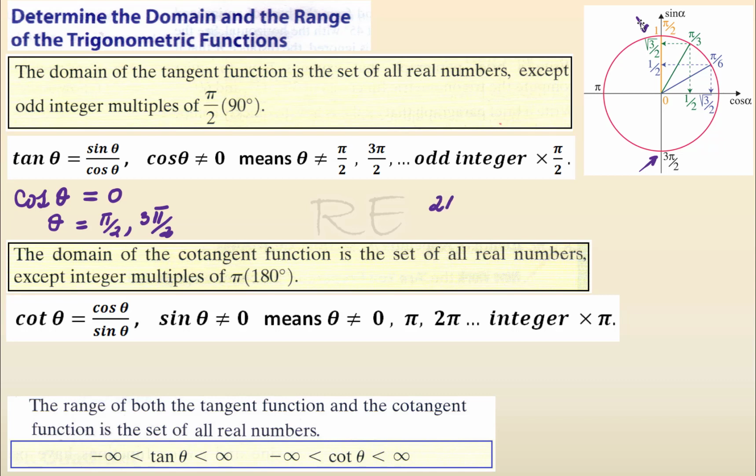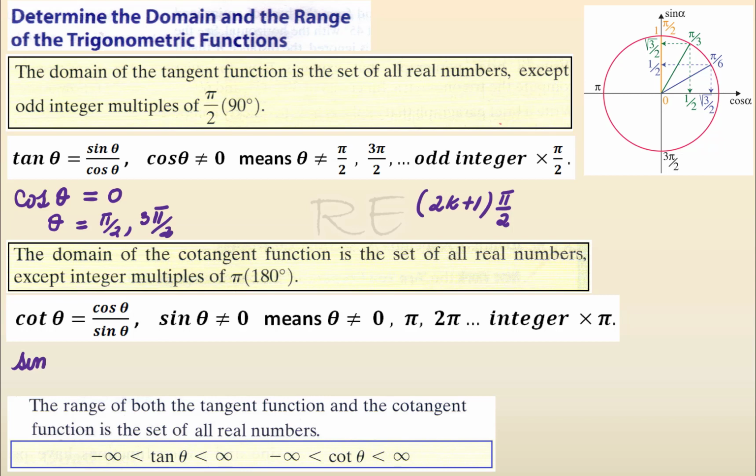Therefore, theta must be (2k plus 1), where k is an integer, multiplied by pi over 2. The domain of the tangent is the set of all real numbers except odd integer multiples of pi over 2.